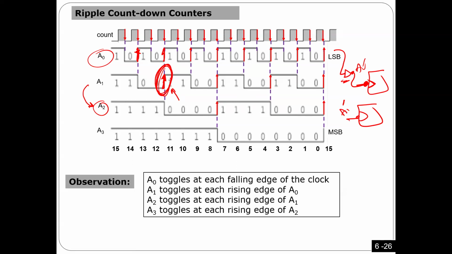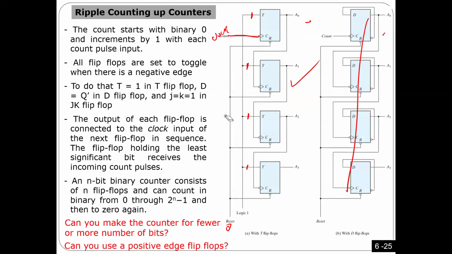Very interesting. Let me summarize to make it simple. Count up and count down are almost the same. This one is the same in both cases. The difference is that if you connect A node here, it's up; A1, it's up; A2, it's up.